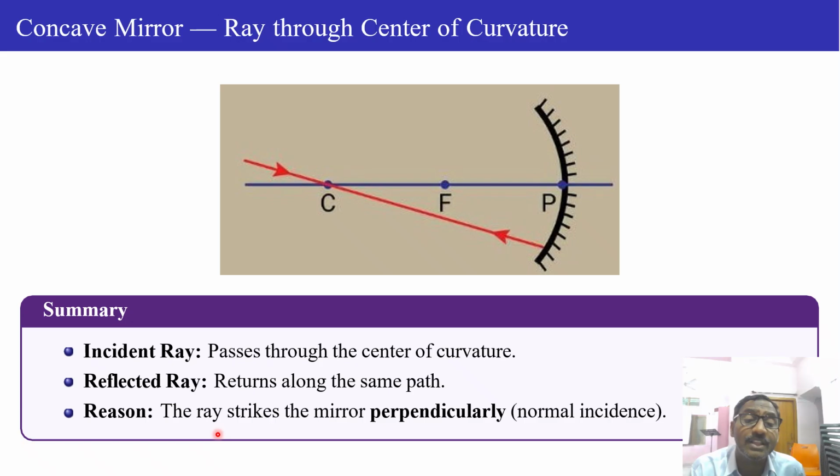Reason: the ray strikes the mirror perpendicularly, which is normal incidence. So the ray which is passing through the center of curvature, when it falls on the mirror, will retrace the same path.